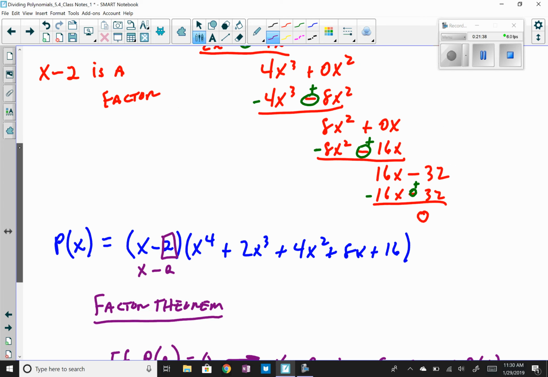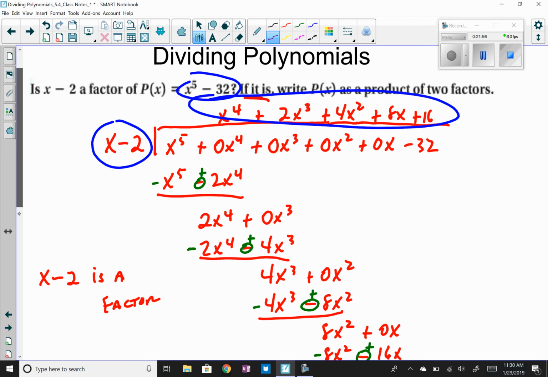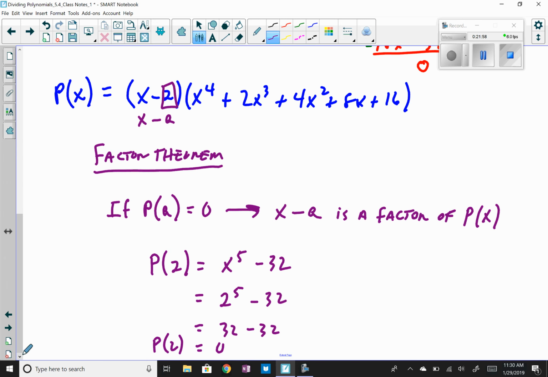Okay, we would have had to divide anyway because they wanted this as a product of two factors, so we had to divide anyway to get our quotient as one of the factors. But had they not asked us to do that, if all they wanted to know is x minus 2 a factor of P of x, the factor theorem would have been a good shortcut to get that answer.